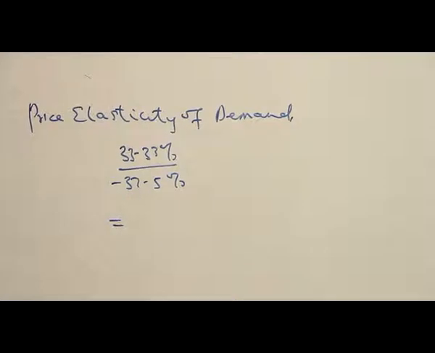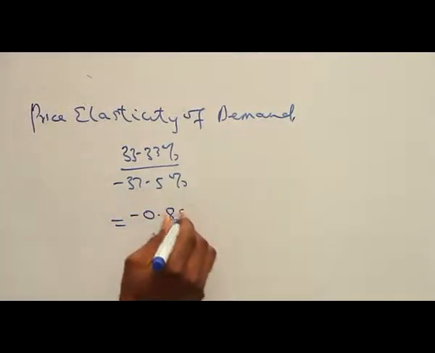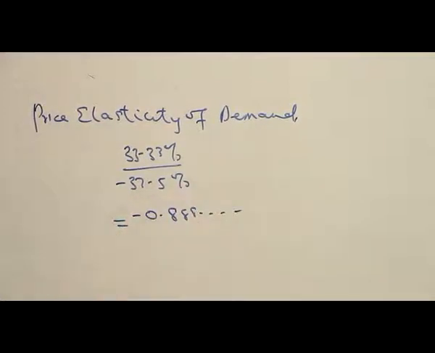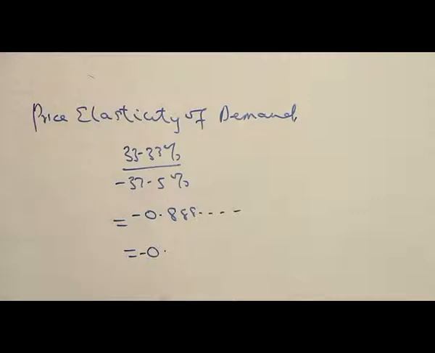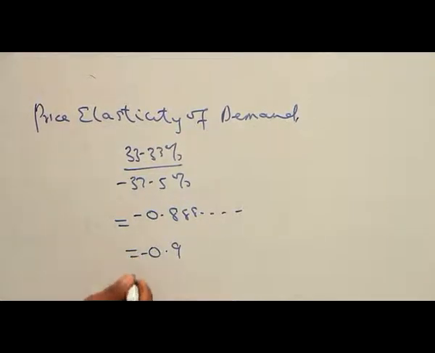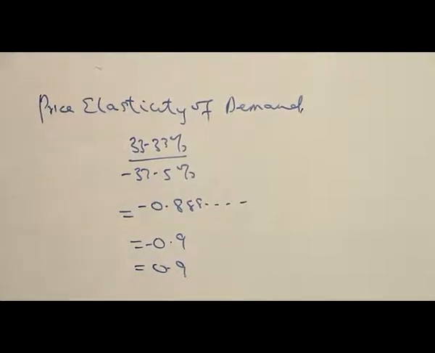So here we are going to have minus 0.88 and so on. So the final answer will now be minus 0.9. Now looking at the result, we have minus 0.9, and we said we should ignore the negative sign. So we have 0.9 to be the result.